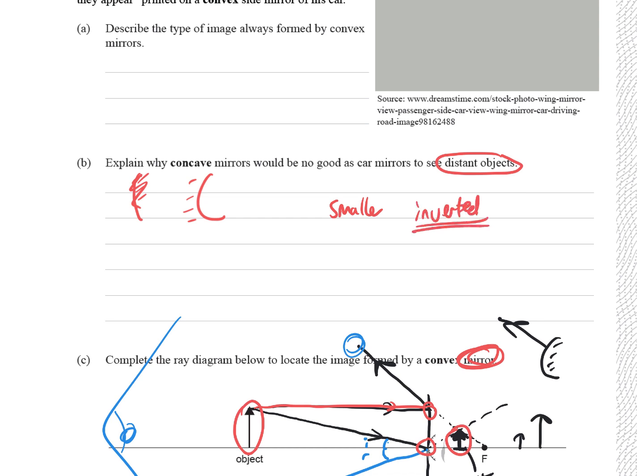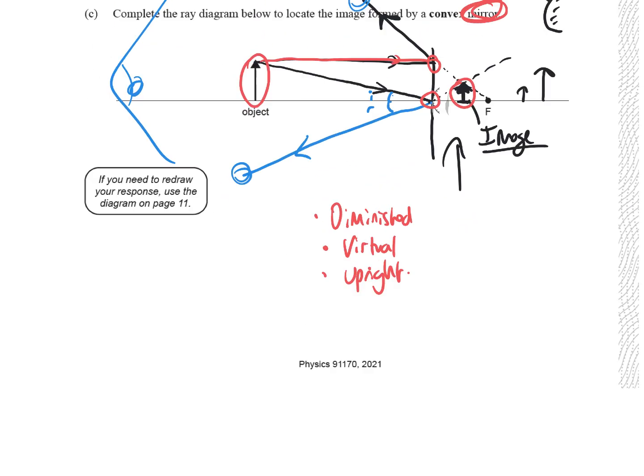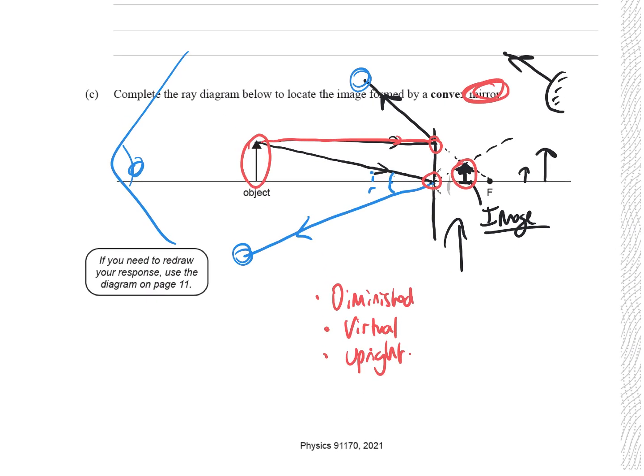Not good if you're driving, because it's quite hard to imagine if a car's in the sky or on the road. So that's why you've got to remember what the nature of the image is, but then you've got to explain it. Some of you were good at this, some of you weren't, but you need to say something like, it would be useless in a car to see an image inverted because you need to respond to what you see, or something like that. So try and explain it with a bit of meat on the bone there. Okay, hope that was useful. Keep practicing questions.